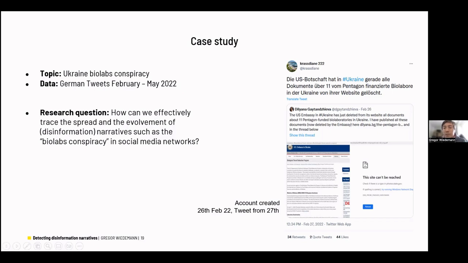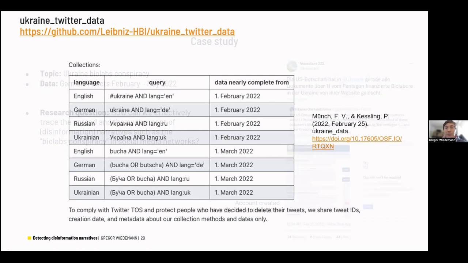So how can we manage to investigate this thread and the evolvement of this whole thing from this beginning further? One idea is to start with a larger data set as a base population, and I can point here to a data set collection which we created as a result of our social media observatory work, the Ukraine Twitter data set.